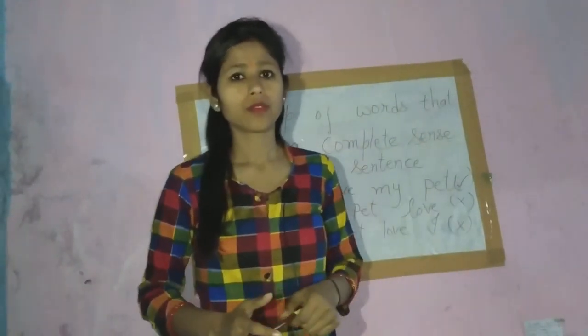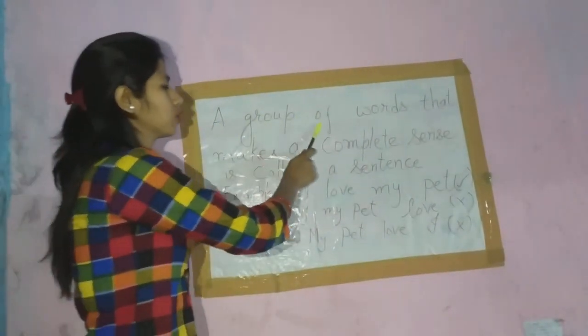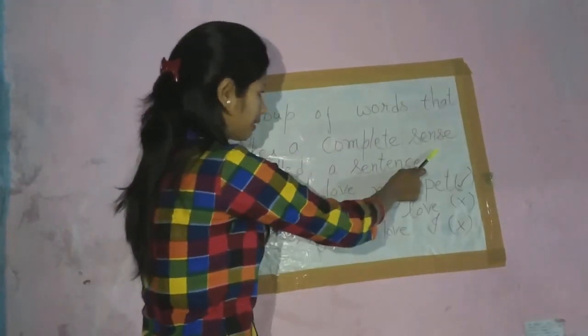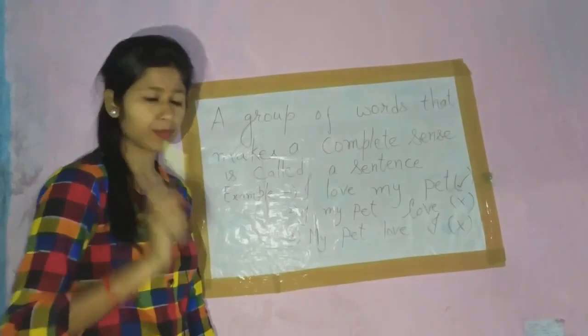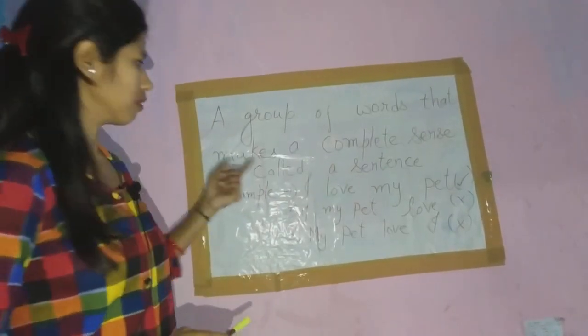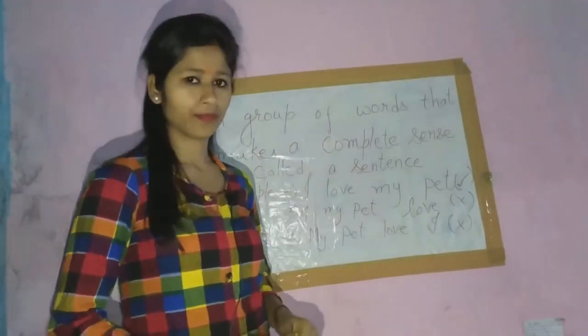So, there is the definition. You can see, a group of words that makes a complete sense is called a sentence. I repeat, a group of words that makes a complete sense is called a sentence.